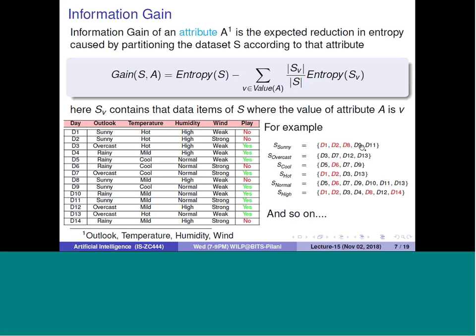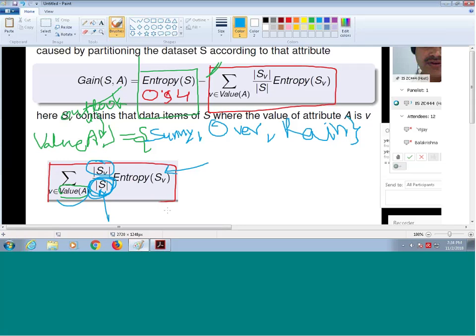Data item 1, 2, 8, 9, and 11. So sunny means 1, 2, 8, 9, and 11 data items. We actually wanted to find out this.